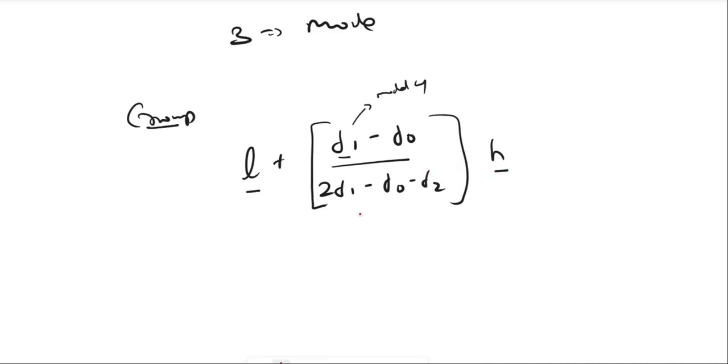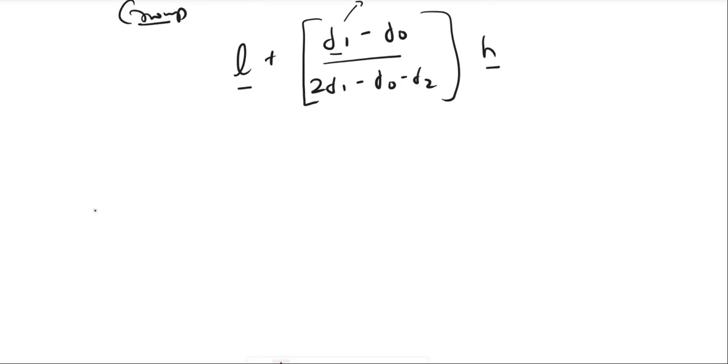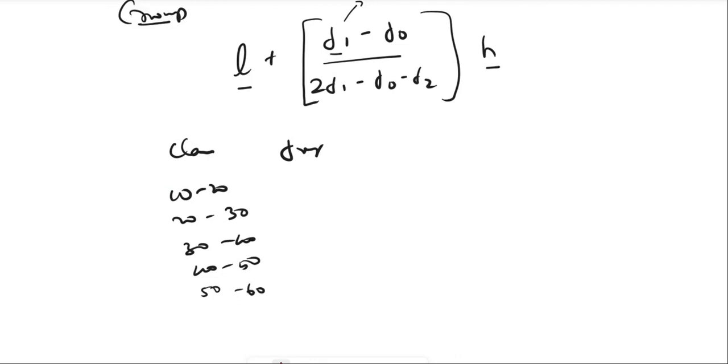Let me give you a small example. Here we have the classes and their frequencies: 10 to 20, 20 to 30, 30 to 40, 40 to 50 and 50 to 60.